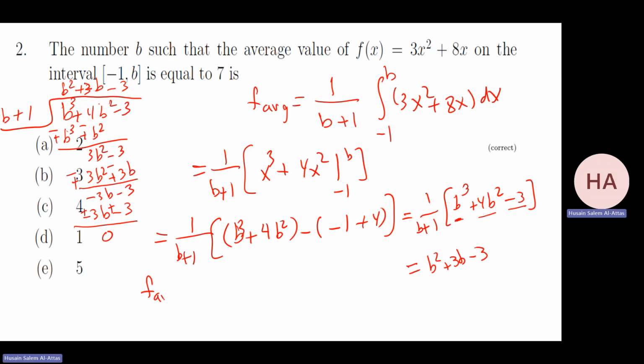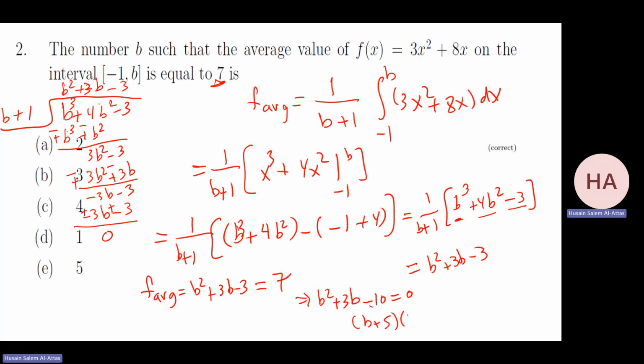That will be F average. F average is B squared plus 3B minus 3. That should equal 7, he said it's equal to 7. Now we need to find B. Do the calculation now. B squared plus 3B minus 10 equals 0, where I can factor it.